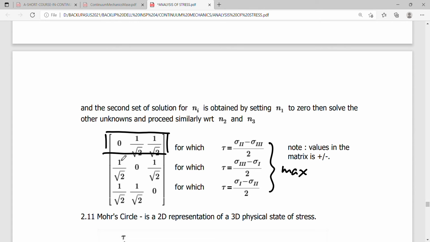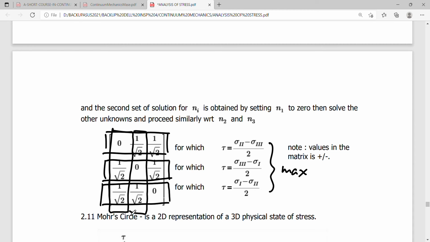Okay, so we have to arrange it in such a way that if we take the product of ni, it will yield a value equal to 1, which represents the orthogonality condition. And in this particular set of direction cosines, your tau is actually equivalent to the maximum stress that can be obtained from the basis of these three equations.